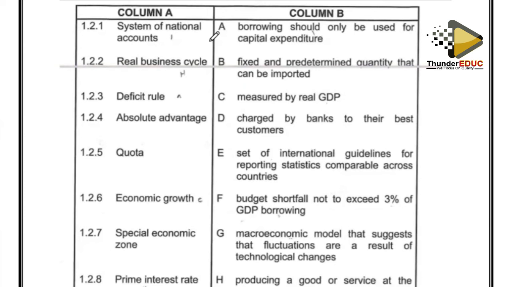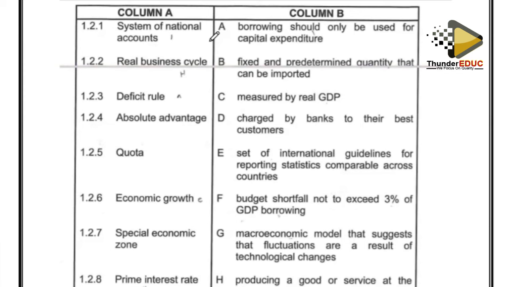Okay, right, grade 12s. So now we have 1.2.6, economic growth. We also have economic development, because economic growth and economic development are a pair. They always go together. When we talk of economic growth, we refer to the improvement of production of goods and services by different businesses or firms.